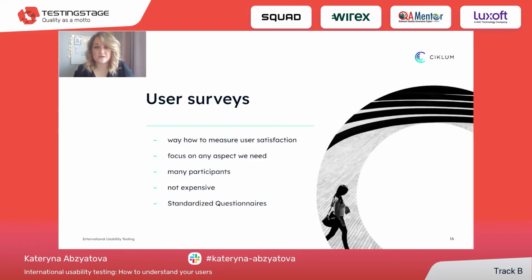And the third one was user surveys. User surveys are also a great option, the way to measure user satisfaction. We can focus on any aspects for this. We can involve a lot of participants. It's not expensive. You can send a survey to a lot of people, not only the users who already took some usability testing sessions, for example, in your office.